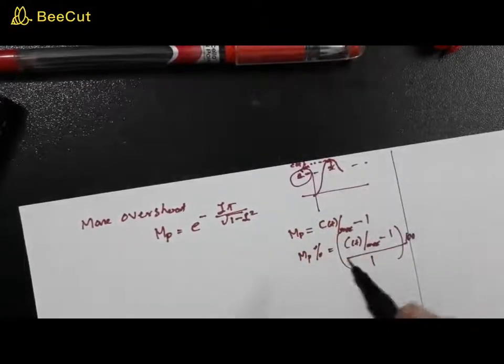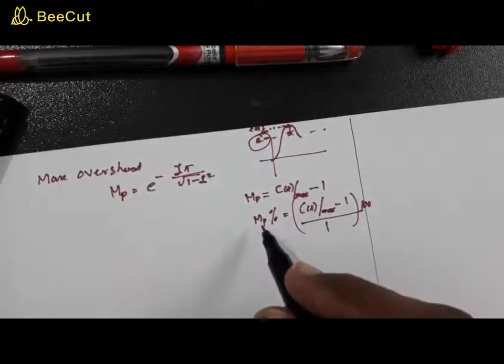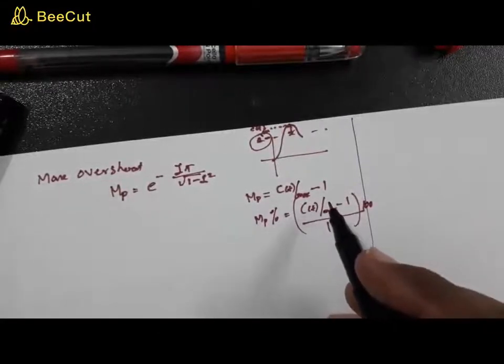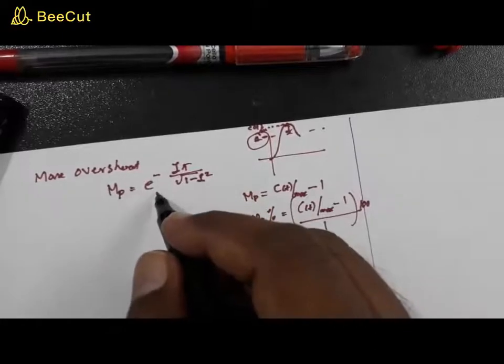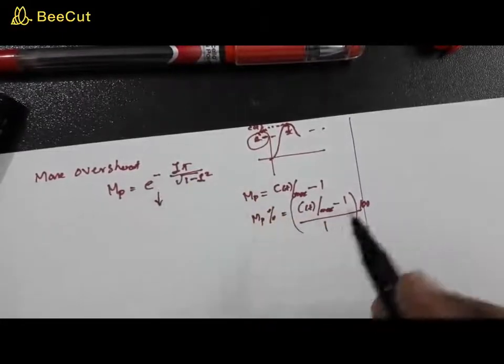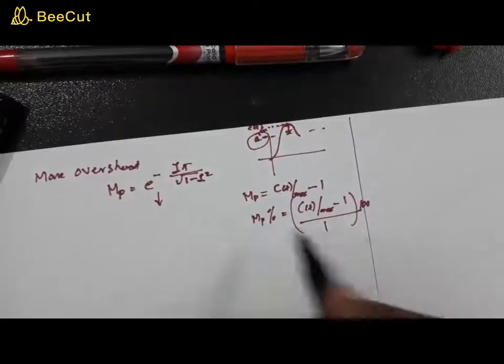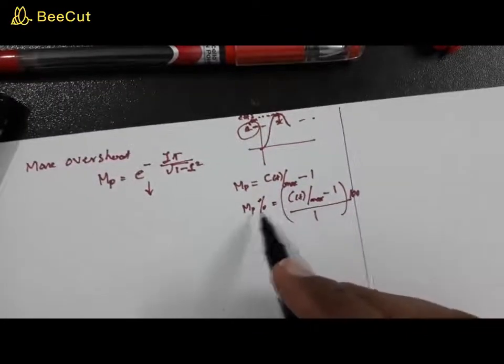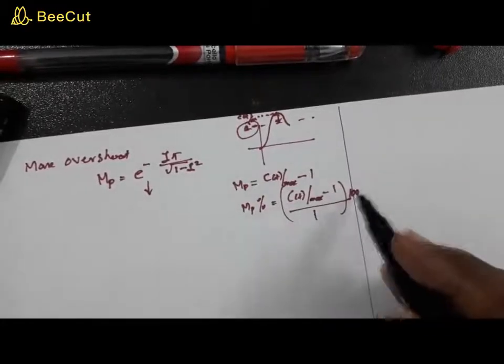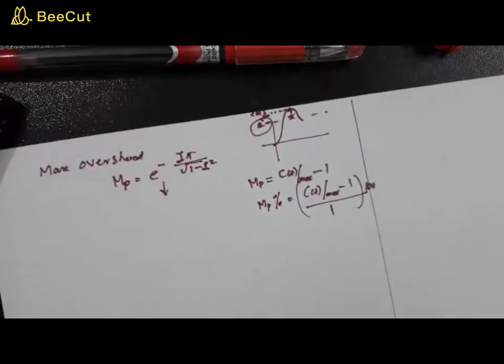When you multiply that by 100, the maximum overshoot is expressed in percentage. To be careful, the answer that you are going to get is not in percentage until you multiply this by 100. The actual equation in percentage is (C(t max) minus 1) divided by 1, into 100. Okay, hope it is clear.